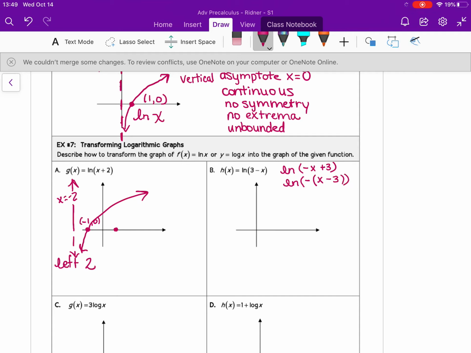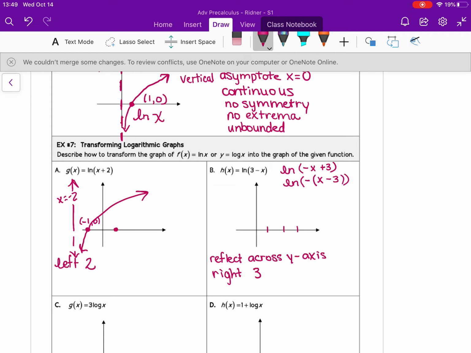However, if I factor that negative out front, I'm actually left with x minus 3, which means it goes right 3. So reflect across y-axis and moves right 3.